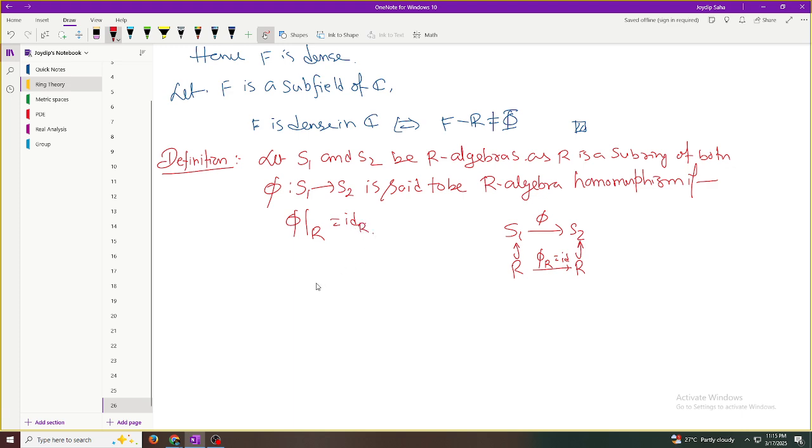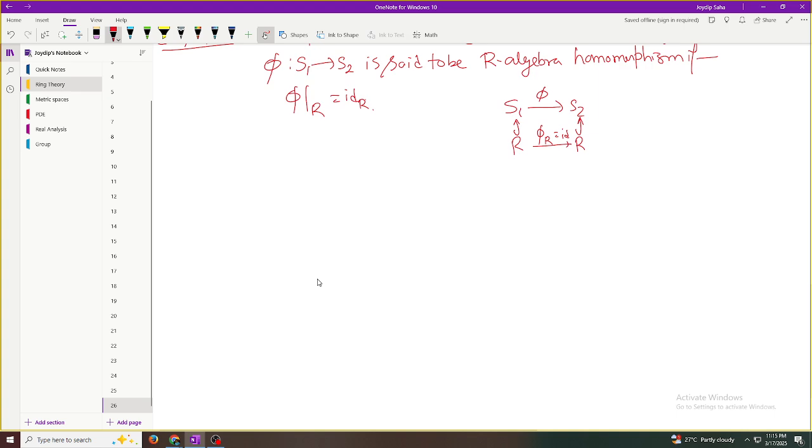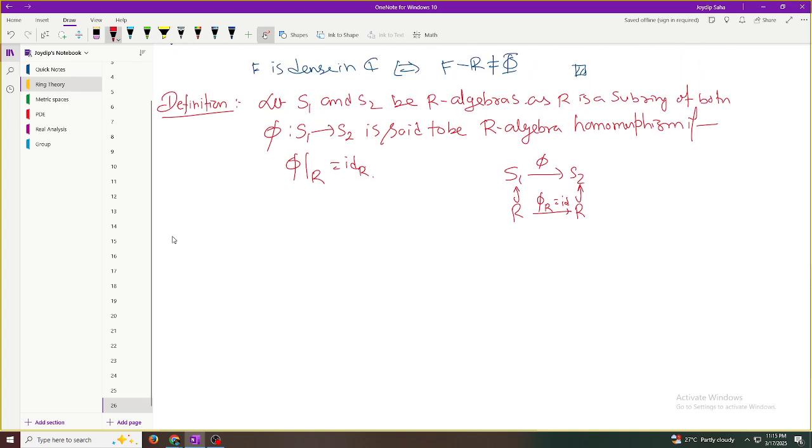Okay, this is called an R algebra homomorphism. So my problem is also an Artin problem. You can find it in Artin's book.